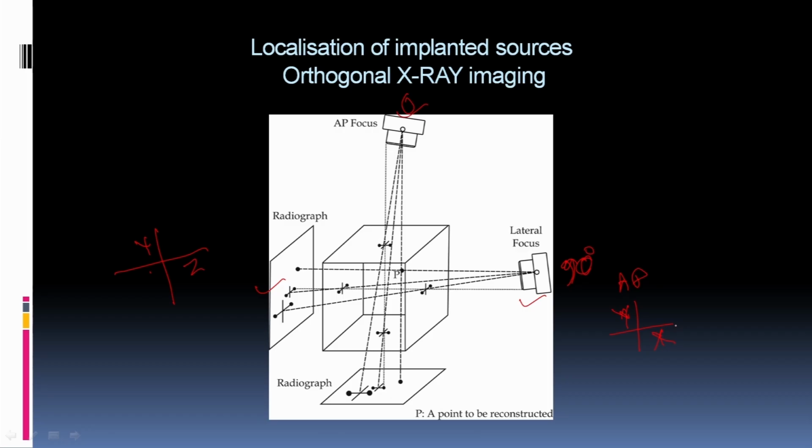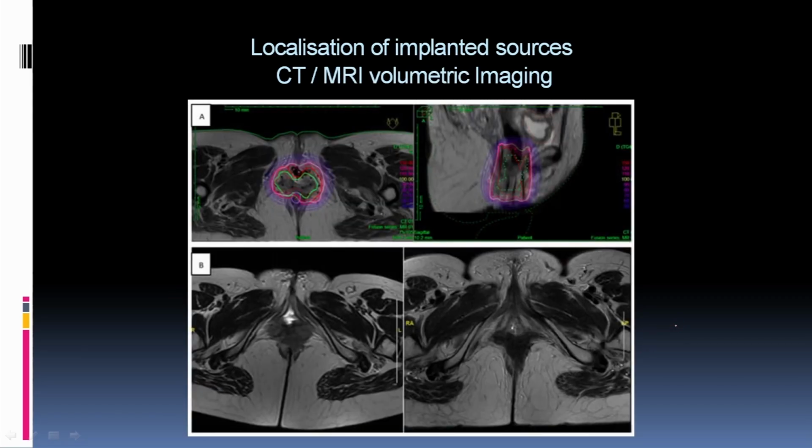radiographs, and we can calculate manually, or we can perform the dosimetry or treatment planning using a computerized system. But nowadays we are using almost up to 30 radioactive isotope applicators, so it is very complicated to retrieve all these points and reconstruct them.